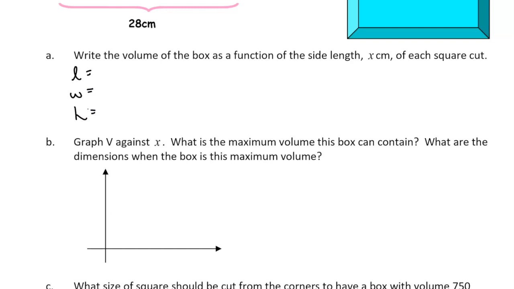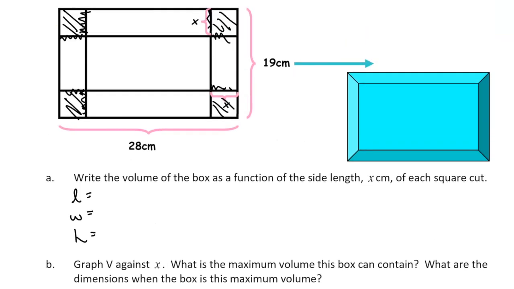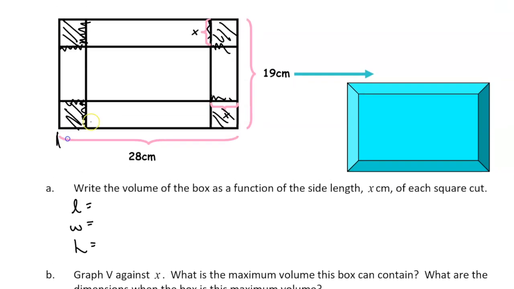So if the length of the box is originally 28 centimeters, and if you go back to the diagram here, if you're placing something in which there's a cut of x here and a cut of x here, then the new length of the box, once you fold up the sides, is going to be the full 28 take away 2 x's.